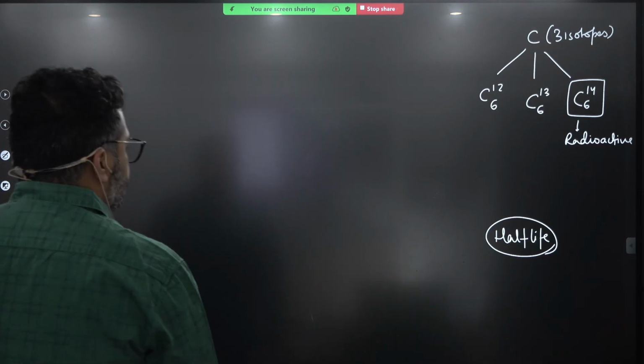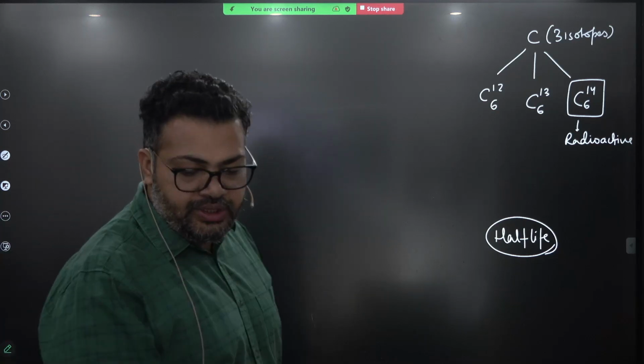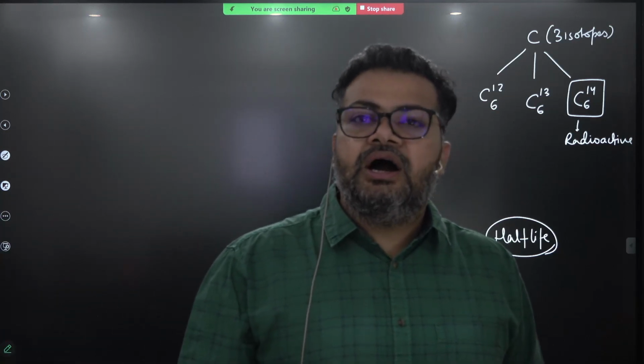It is the time taken by a radioactive nucleus to decay by half of its previous size.